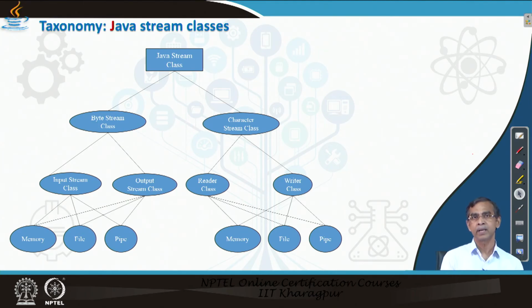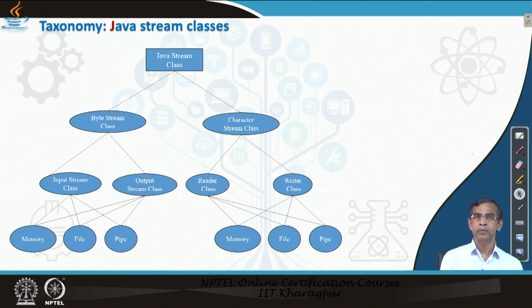Reader class is very similar to the input stream of the byte stream, and writer class is just like output stream of the byte stream. So, reader class is for character inputting and writer class is for character outputting.